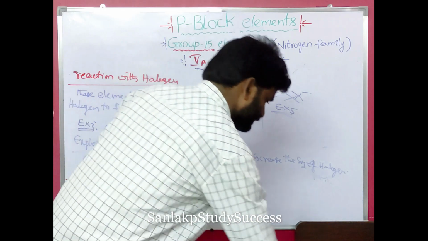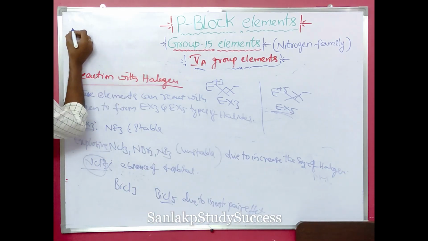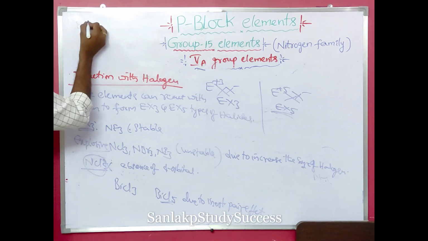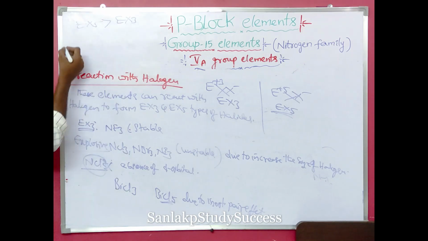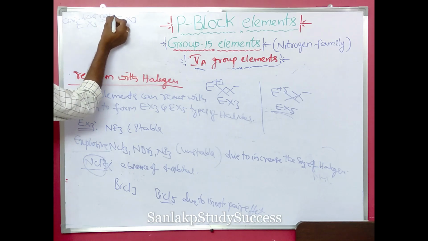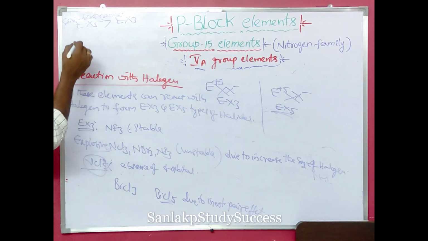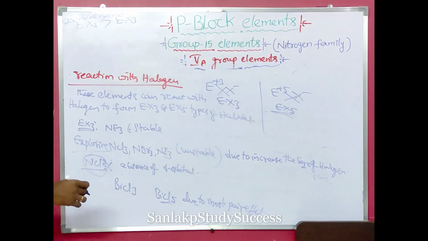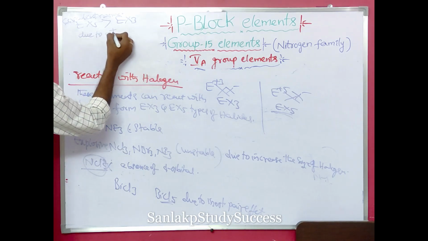Now in these halides, EX5 type of halides have more covalent nature than EX3 type of halides, due to the increase in oxidation state.